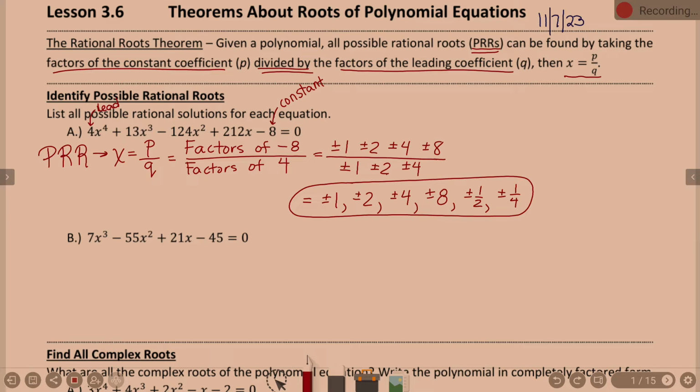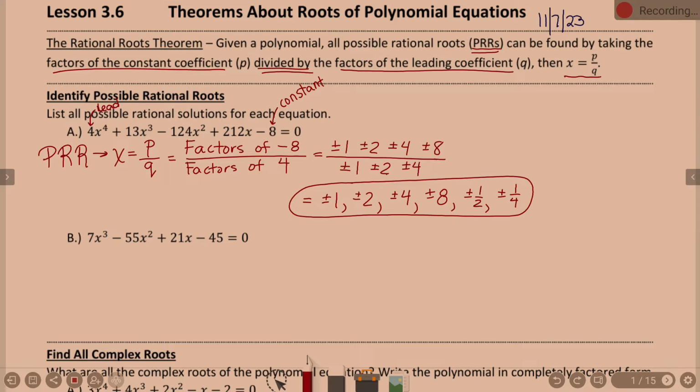Yes, I have the plus or minus in front of all of them. Okay. This is a list of all possible rational solutions based on the beginning and end of this equation. Are these all going to be solutions of that equation? No. Because there's only going to be 4 solutions of this equation, so there's no way that all of these are going to work.